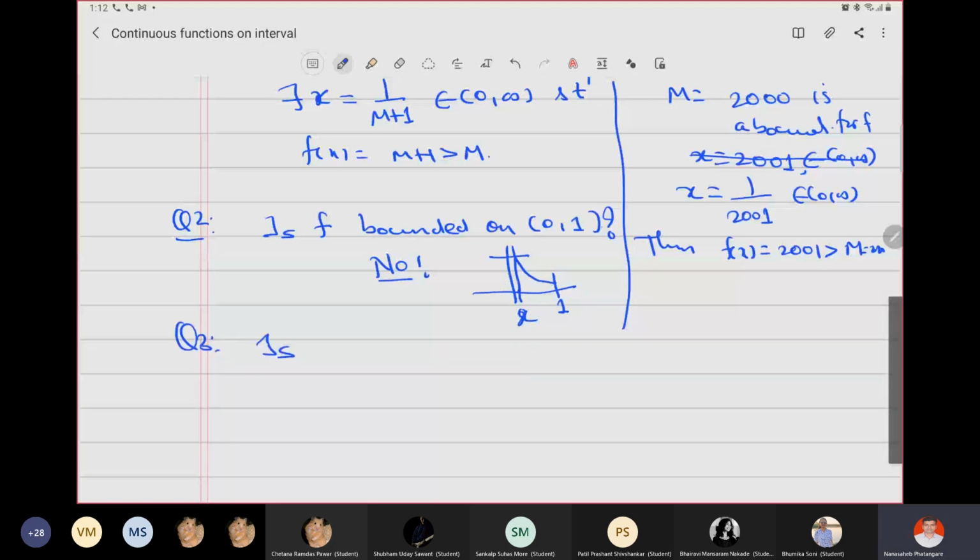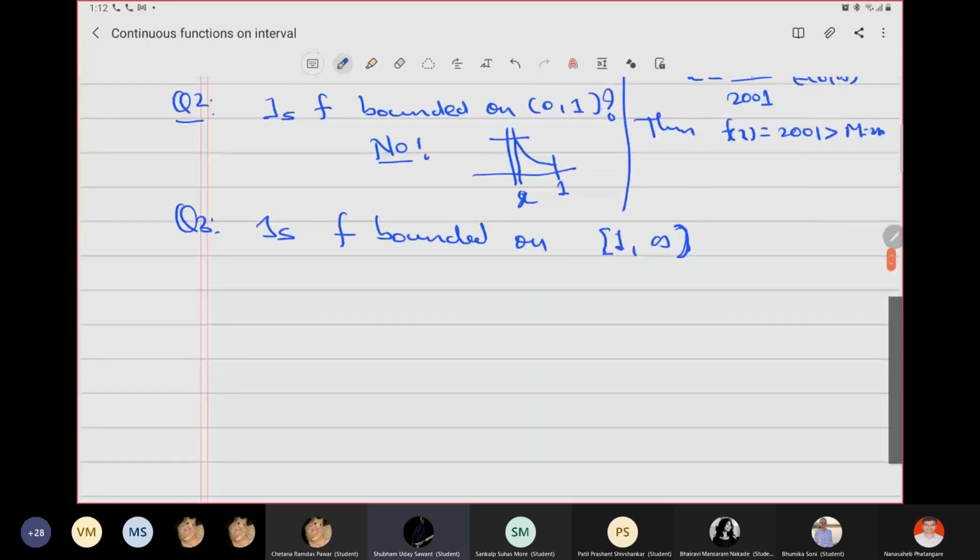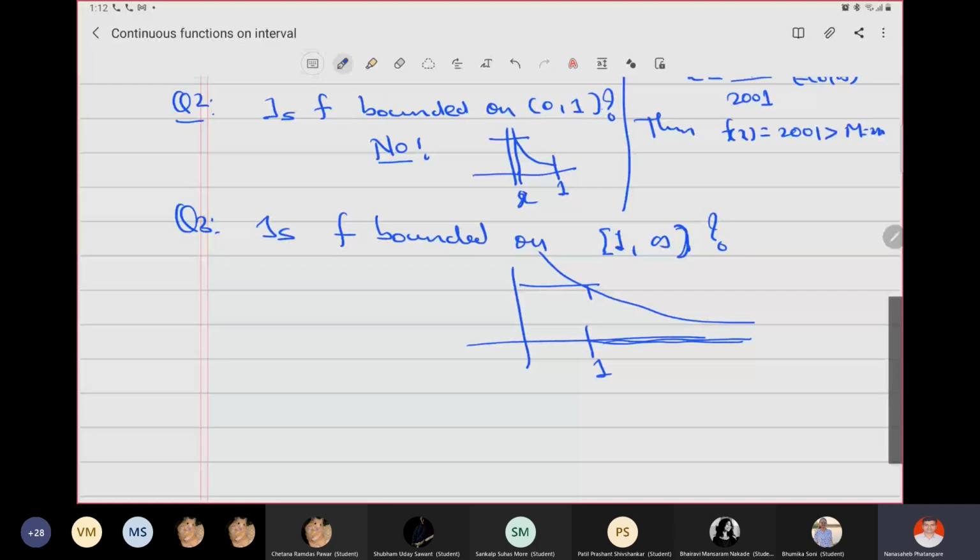Now, is f bounded on 1 to infinity? Yes, sir. Now I am talking about the interval 1 to infinity, not before 1. So certainly it is bounded. If you see the graph of 1 by x, at 1 the value is 1. So the answer is yes. Because f of x is less than or equal to 1 for every x in 1 to infinity.